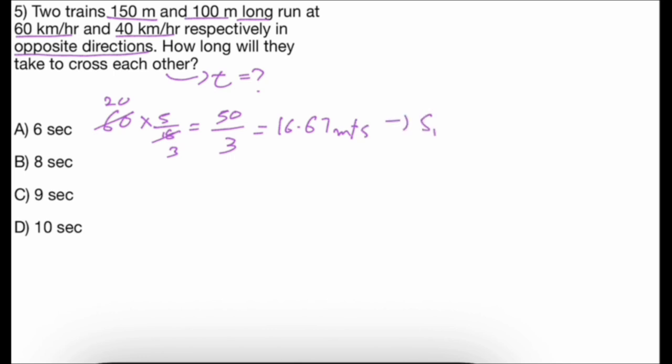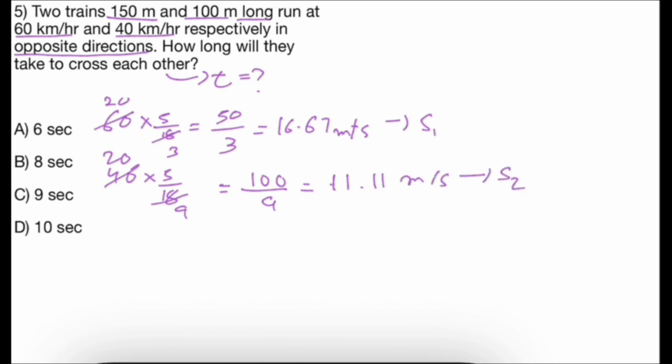So this is s1, speed 1. Next it's 40 into 5 by 18. If you cut this with 2, this will be 20 by 9, which is 100 by 9. If you divide this, you'll get 11.11 meter per second. So this is speed 2. So we have converted that.